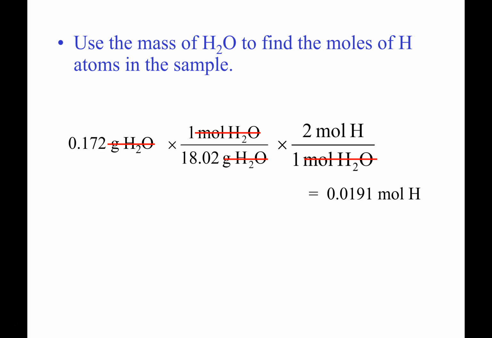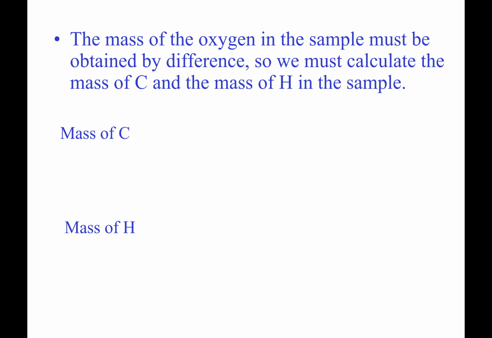All right. Well, what I said next is we have to tease the oxygen out of it. So to tease the oxygen out of it, we have to take these moles and convert them to grams and then subtract that mass from the thing we burned. So to get to the mass of carbon, we're going to piggyback on this moles of carbon. So the first term is going to be 0.00957 moles of carbon over 1.